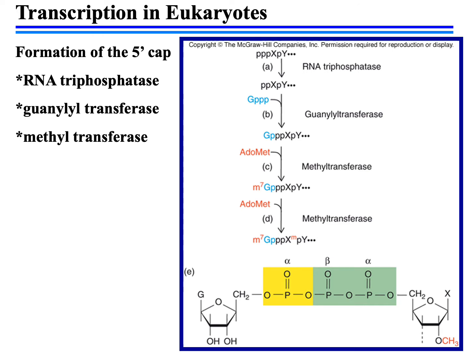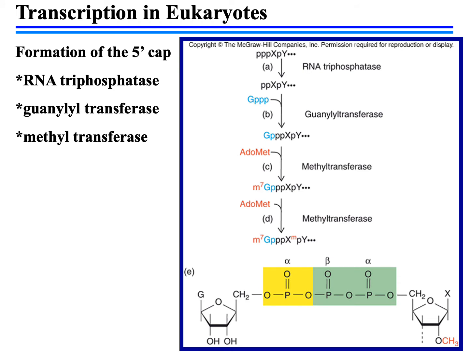One function that the cap provides is an element of protection. By adding the 5' cap, or a modified nucleotide, to the 5' end of the messenger RNA, this makes it unrecognizable to nucleases that would potentially degrade the RNA.